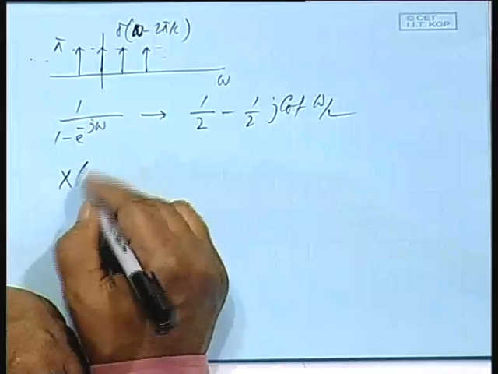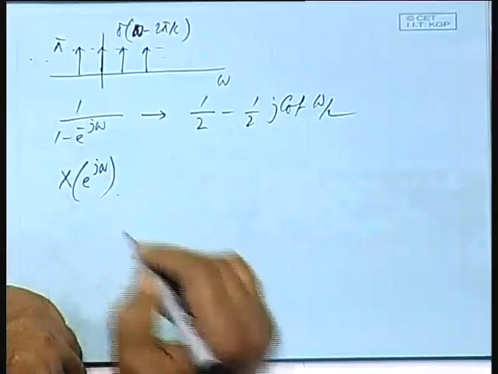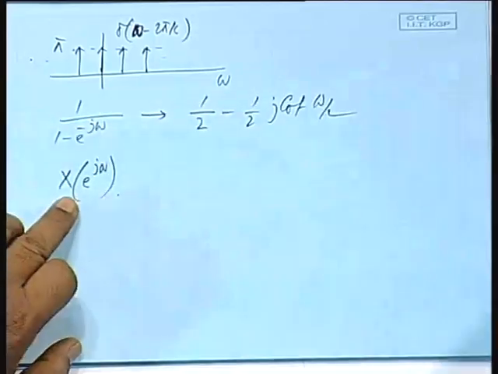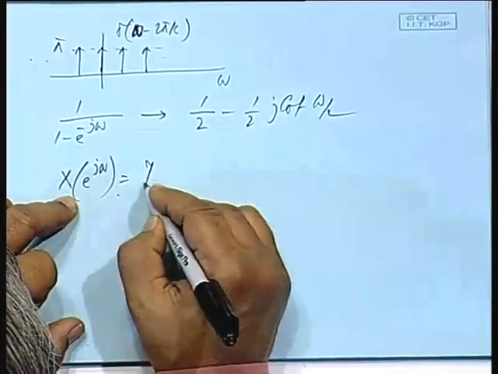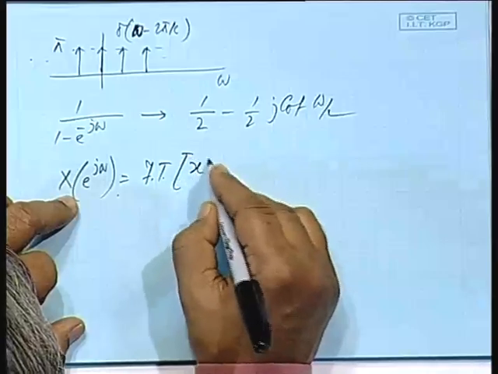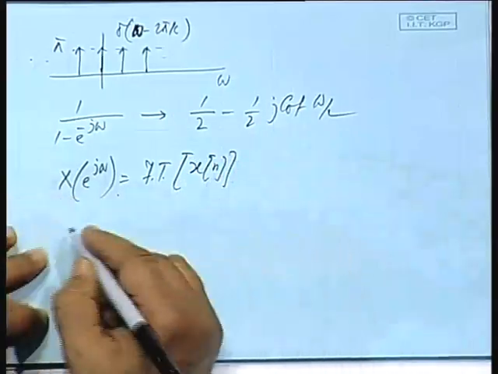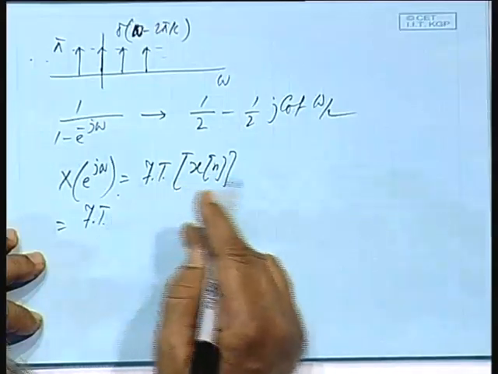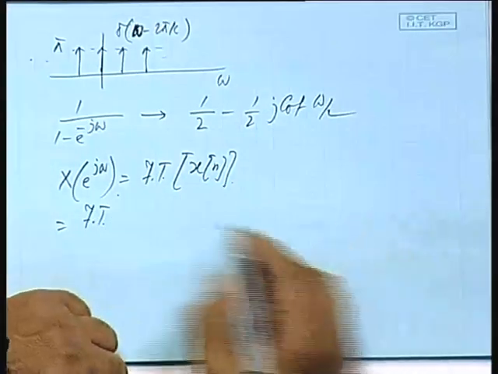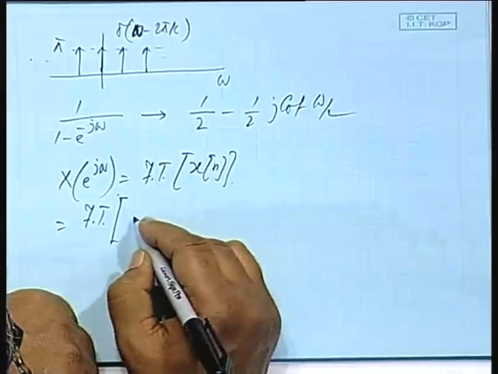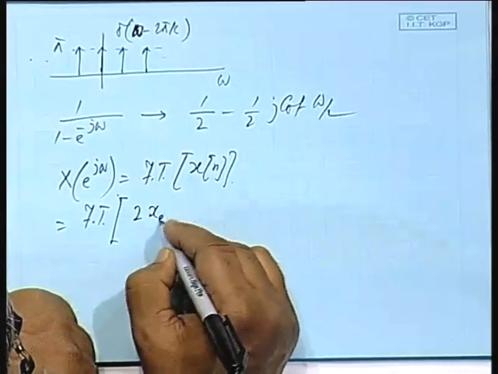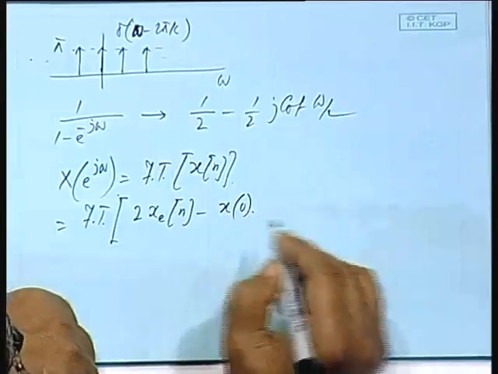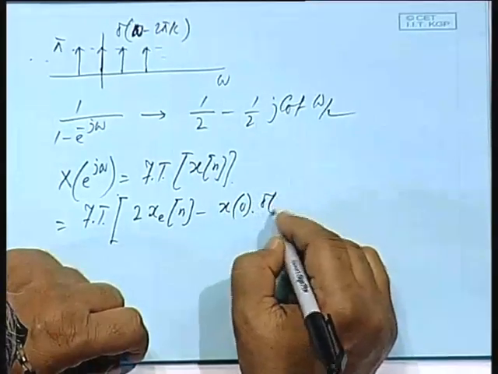Therefore, what will be our X(e^{jω})? So, let us write this as the Fourier transform of x[n], which means Fourier transform of x[n], in terms of x_e[n], twice x_e[n] minus x[0] δ[n].